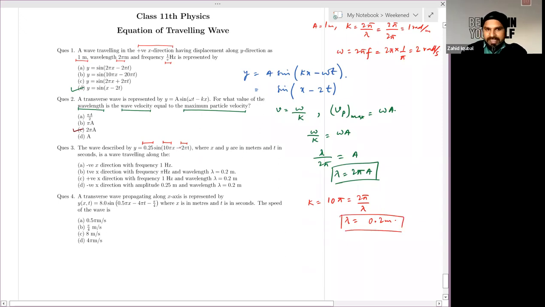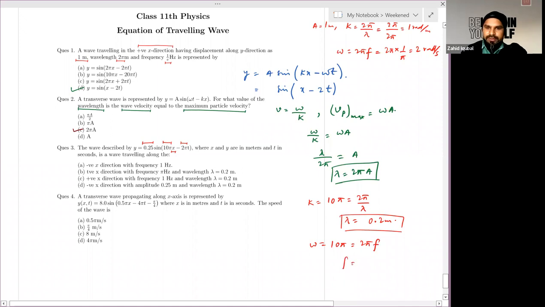Now we have a negative sign in between this term and x. So we can say this wave is going towards positive x-axis. So we have positive x-axis in B and C options. In which option do we have lambda equal to 0.2 meter? Both. So further we have to calculate frequency. Omega equals 10 pi, just equate it to 2 pi f.